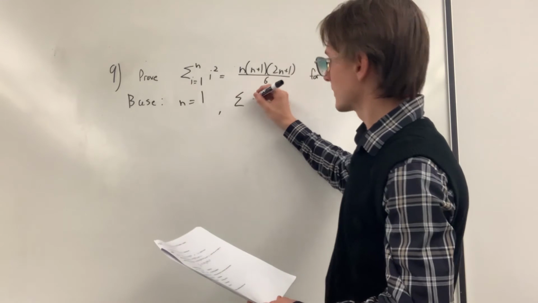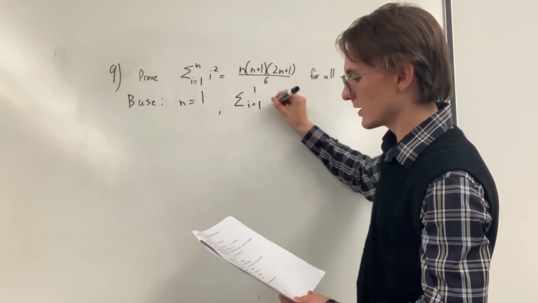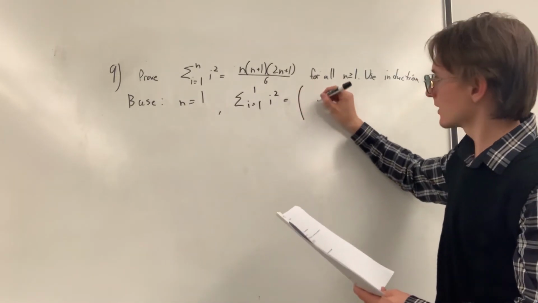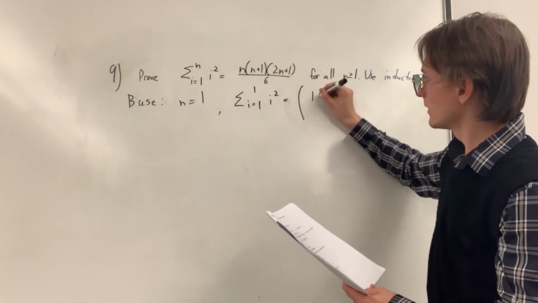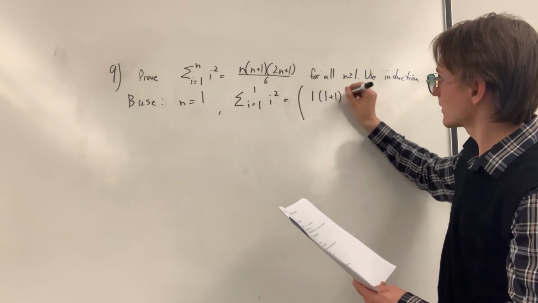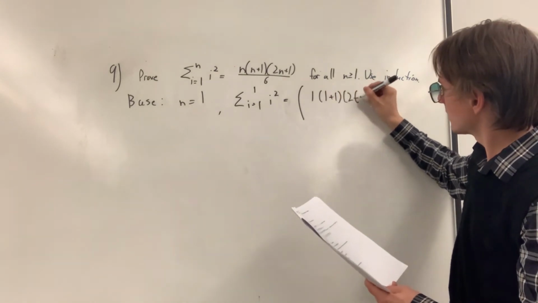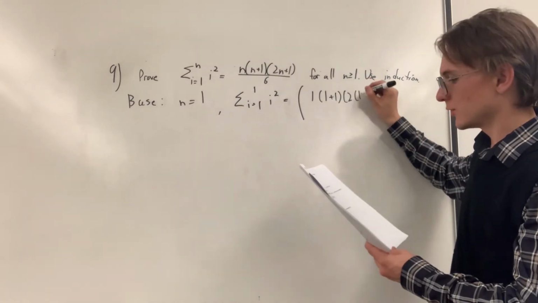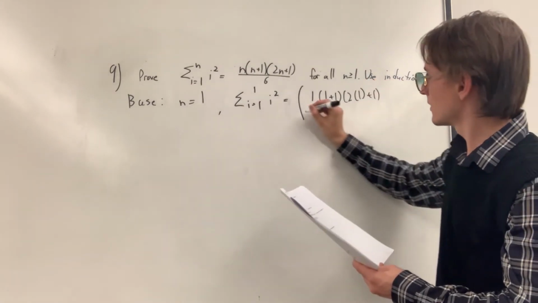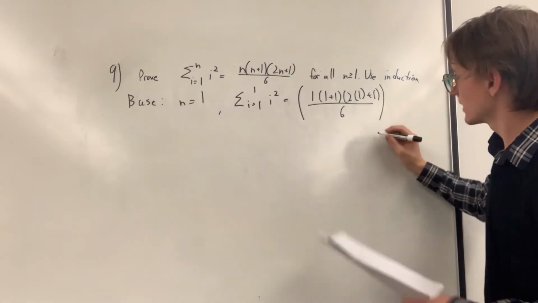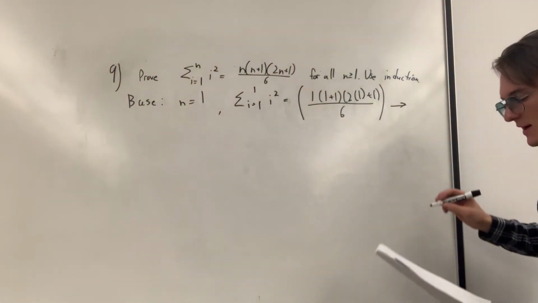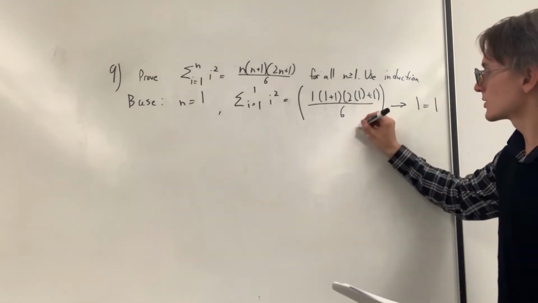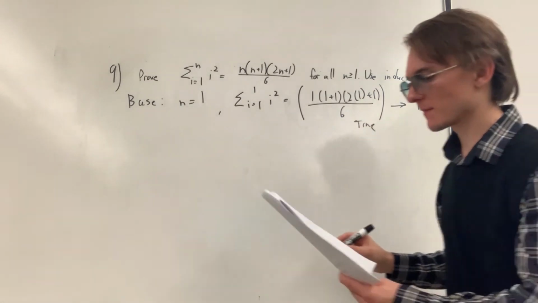The sum of i equal to 1 all the way to 1, i squared, is equal to the following: 1 times 1 plus 1, 2 times 1 plus 1, all over 6. Now, of course, this simplifies down to 1 is equal to 1, which is true. So, because it's true, the base case holds.